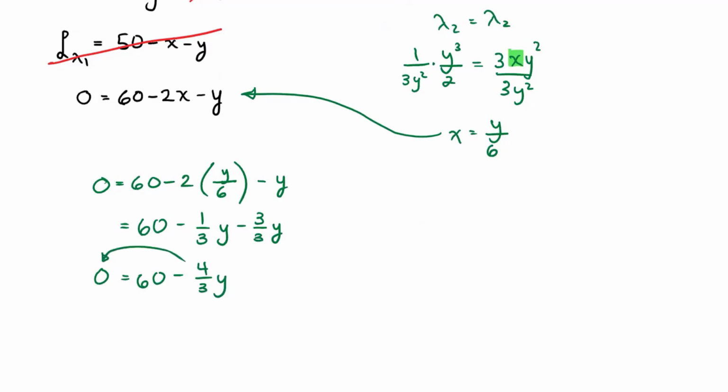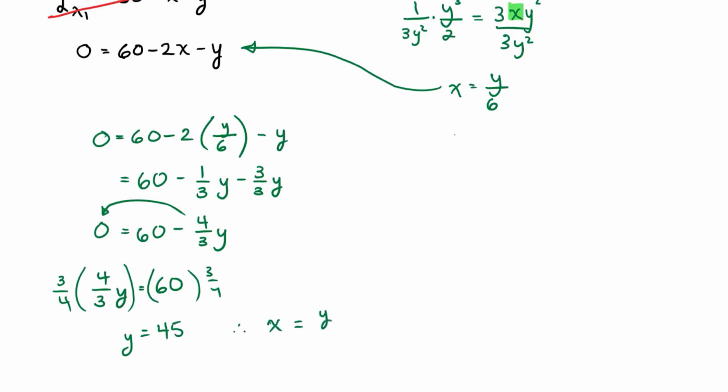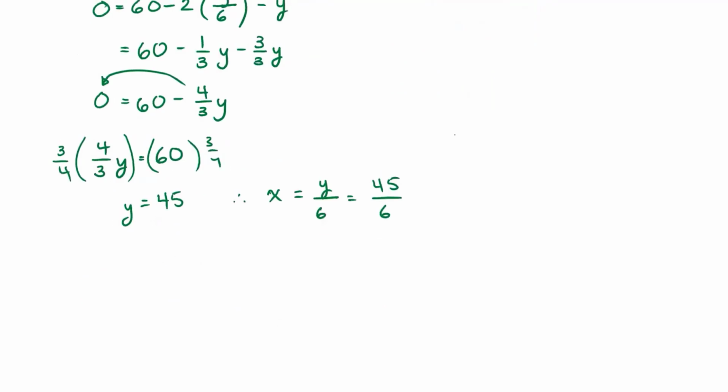Moving this over to the other side of the equation, I have 4/3 y is equal to 60. Multiplying by the reciprocal on both sides, I have y is equal to 45. And I can solve for the corresponding x value because x is equal to y divided by 6. This will be 45 divided by 6. I get 7.5.